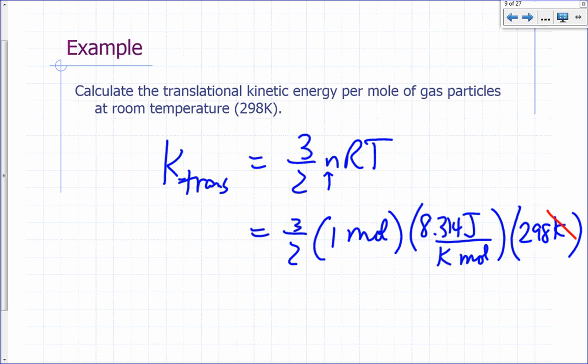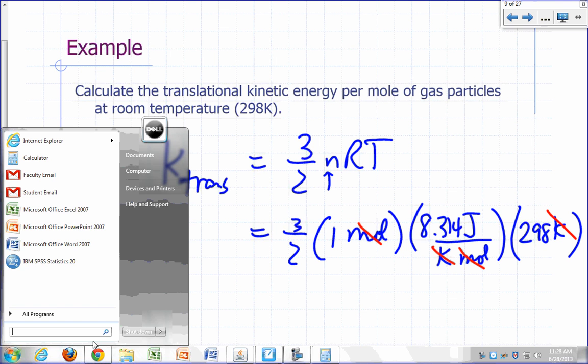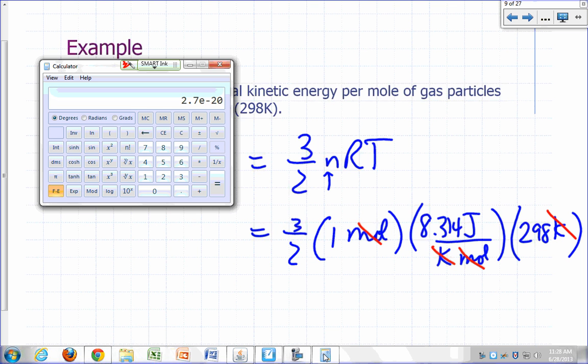So Kelvin cancels out, mole cancels out. That gives you the translational kinetic energy in joules of 1 mole. So let's solve for that. 3/2, 3 divided by 2 is 1.5, times 8.314 times the temperature of 298.